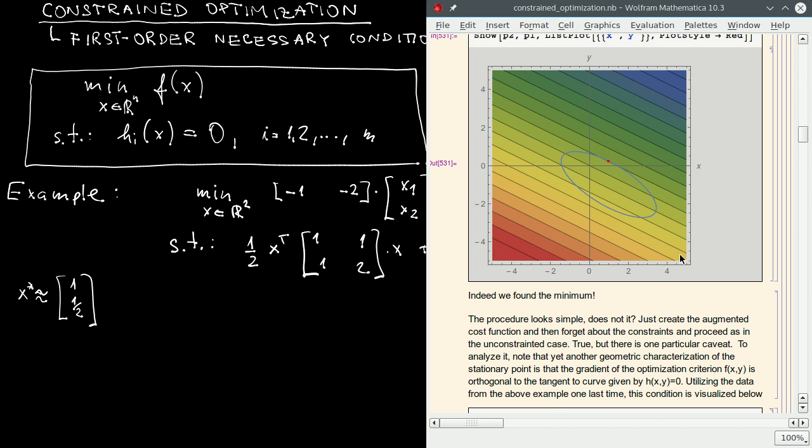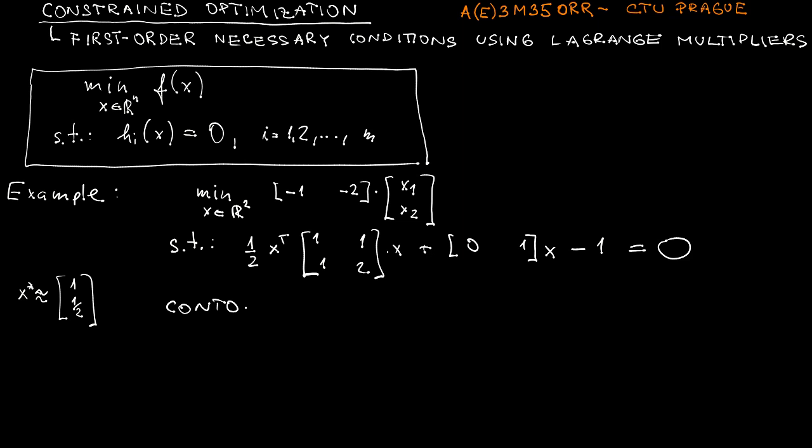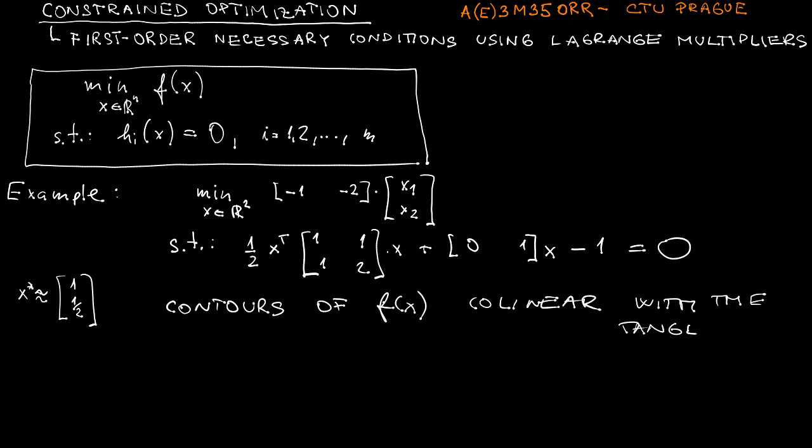So what was the intuition behind it? I think you follow the same reasoning here, and that is that the contours of f of x were collinear with the tangent to the feasible set.